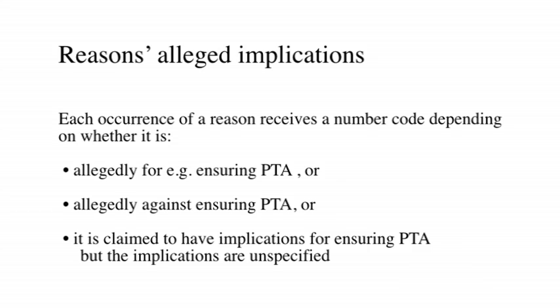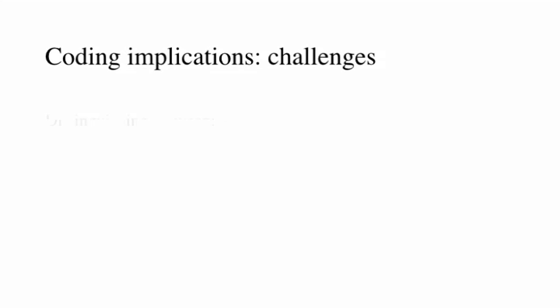We assigned a number, 1, 2, or 3, to each occurrence of a reason depending on whether it's used to argue for or against ensuring post-trial access, or whether the authors claim it has implications for ensuring post-trial access, but the implications are left unspecified. There are challenges.